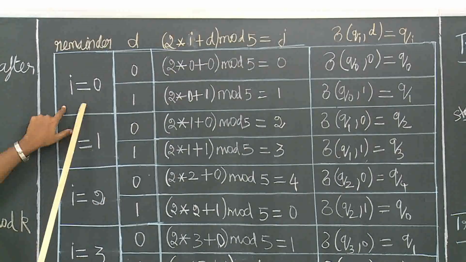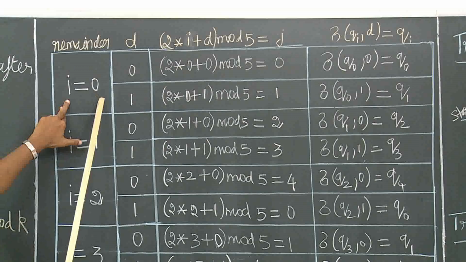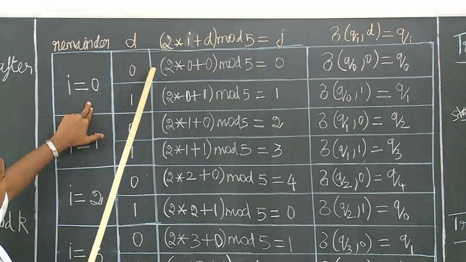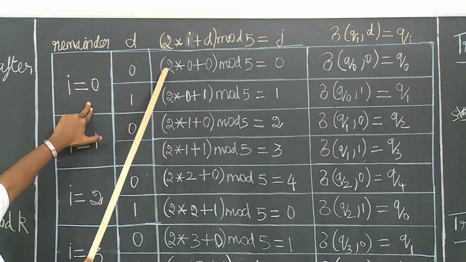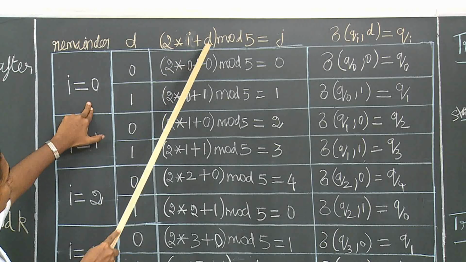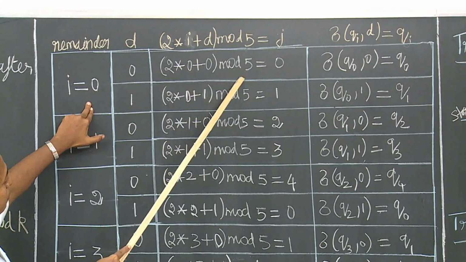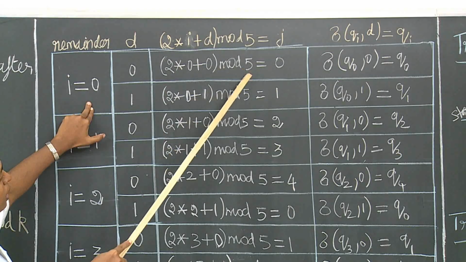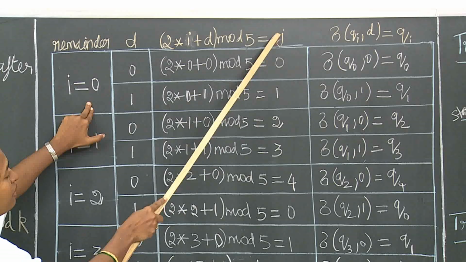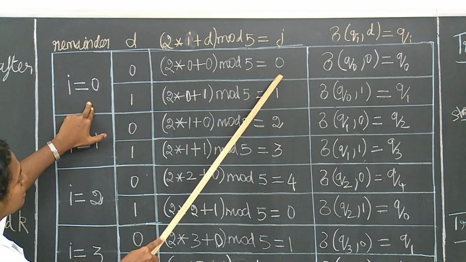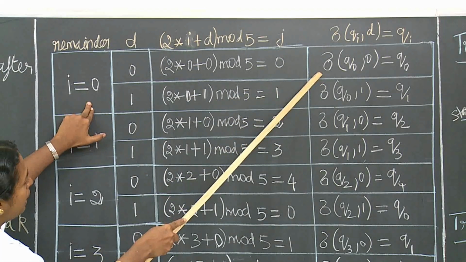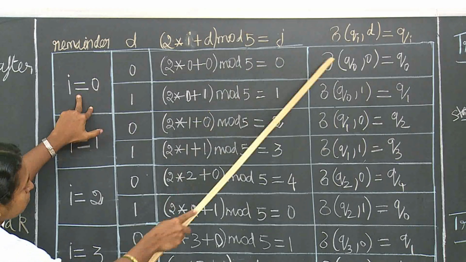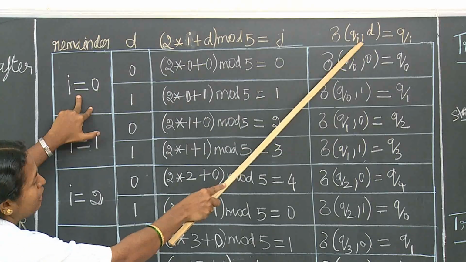Okay, let us see for i = 0. When i is 0, we are taking d first as 0. Now we are substituting i = 0, d = 0, then mod 5: 2 into 0 is 0, plus 0 is 0, mod 5 will be 0. So the j value in the first case is 0. So the transition will be from Q0, as the i value is 0.